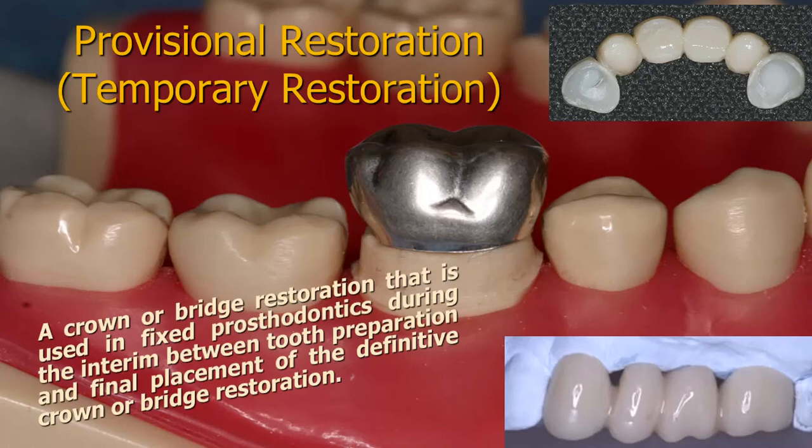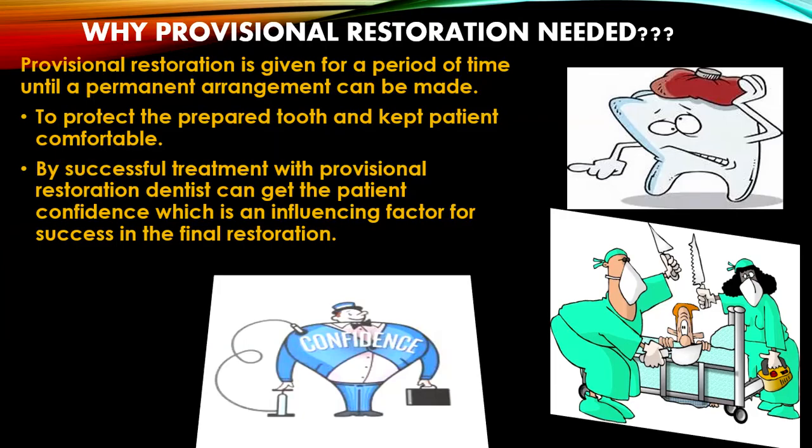Okay, they use short period interim restoration or long period interim restoration according to the case. As we see in this picture, we have this crown and bridge, which is a provisional or interim restoration.